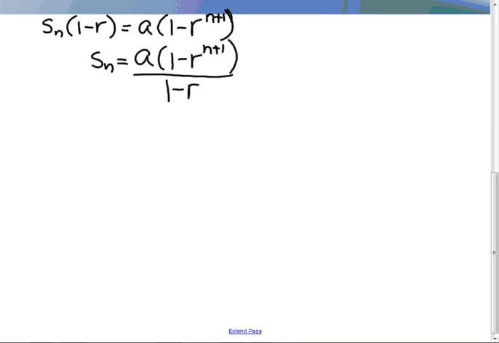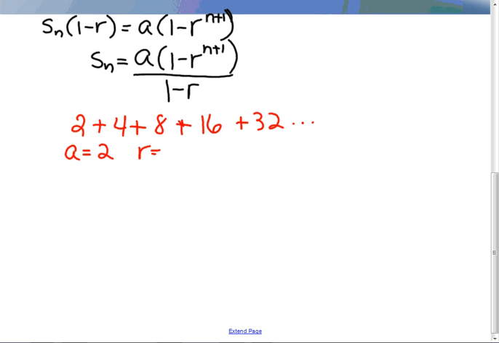We had 2 plus 4, and I find it easier probably just to list them out than to use the sigma notation, but that's up to you. So what's my starting value? What's A equal to? 2. What's my common ratio? I'm multiplying by 2, and I'd like to find the sum of the first 100 terms.